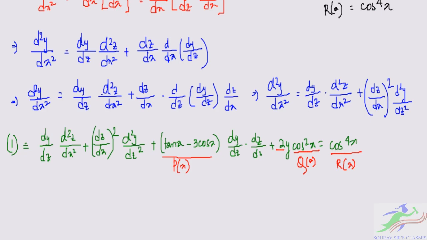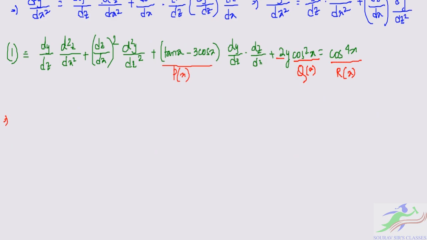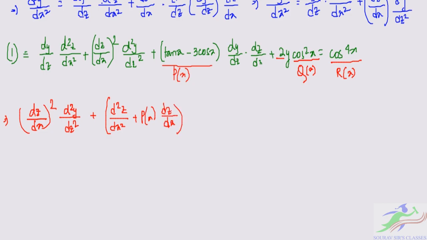Now we can write it in this manner: (dz/dx) square d2y/dz2 plus (d2z/dx2 plus p(x) dz/dx) dy/dz plus q(x) y equal to r(x).